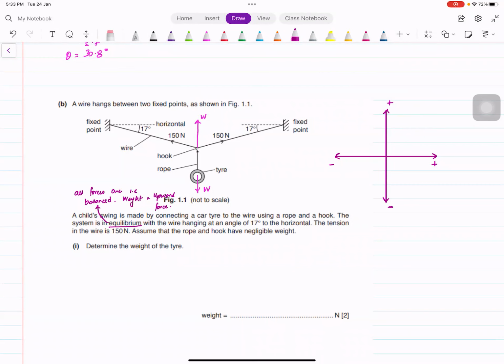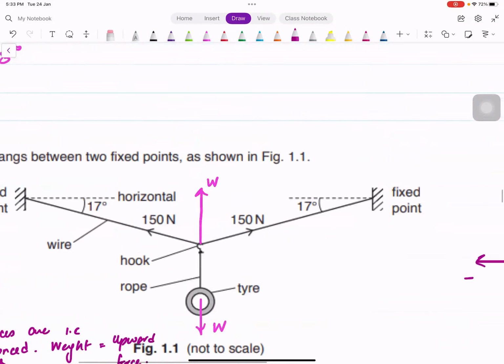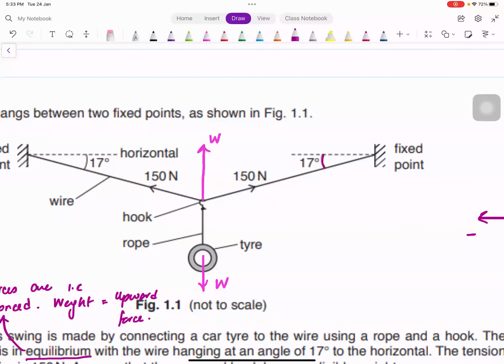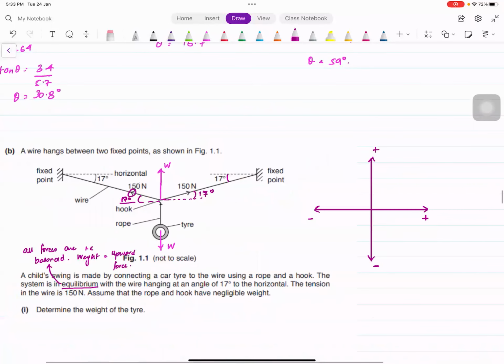But right now, if you look at this vector only, this angle, you realize it's 17 degrees. So basically, this is the same angle which I can draw here. Can I do that, please? It's an alternating angle, right? And also for this vector, I can draw the same angle here, which is 17 degrees. Now, check this out.